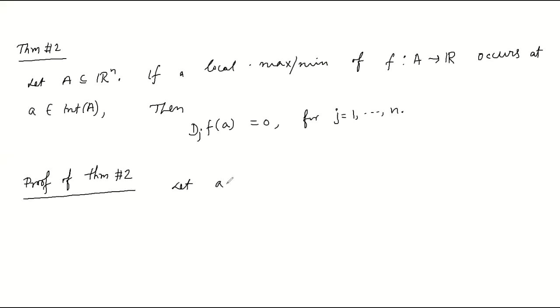Let a equal to (a1, and so on, an) belong to R^n, with a belonging to the interior of A. The interior of A is of course an open subset of R^n, and a belongs to the interior of A. Then there exists some open ball with center at a and radius some delta.